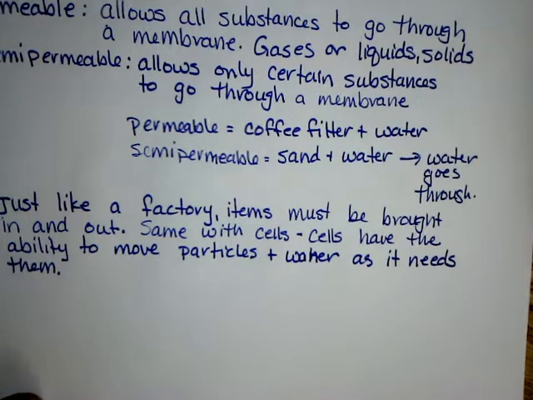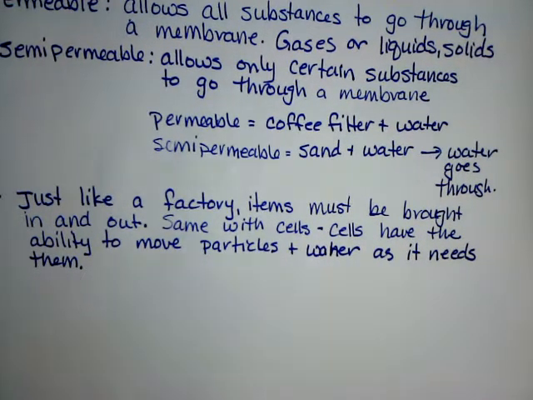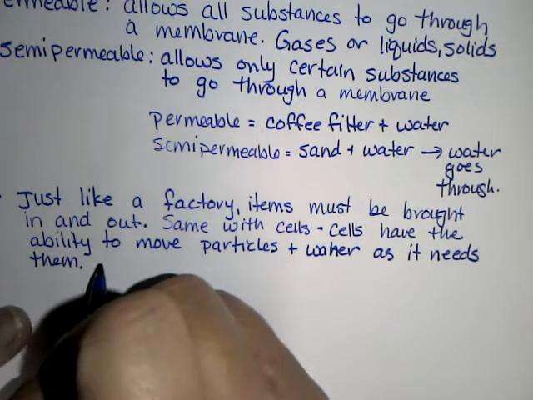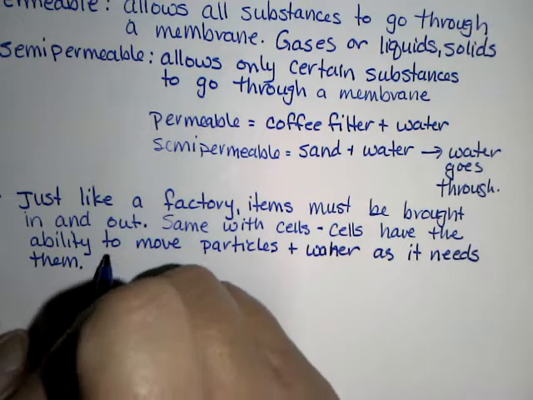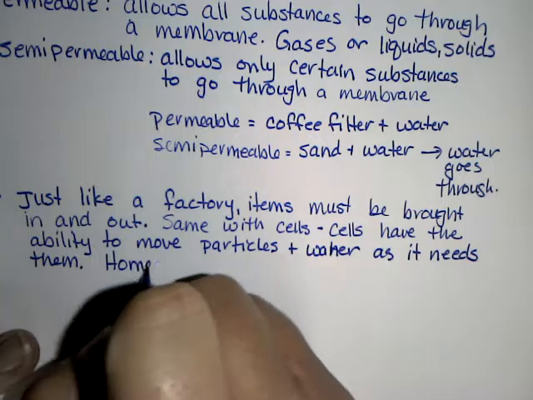Can anybody remember what that word is that tells you that you're trying to maintain an internal state or a balance in that cell? Hands up, please. Starts with an H if you haven't guessed it. Good. Homeostasis.